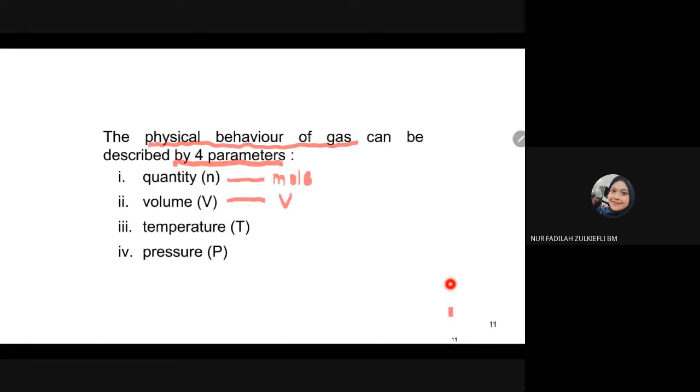V, right? Lepas tu gas must exist at a certain temperature, mesti ada nilai temperature. So ini adalah the third parameter. And number 4, the most important thing when we are talking about gas mesti ada nilai pressure. So ada 4 parameters. Okay, N, V, P, T. Okay, 4 parameters when we study about gas.